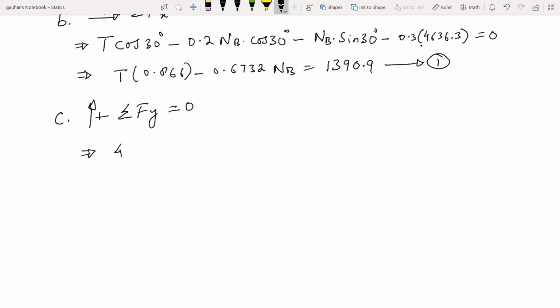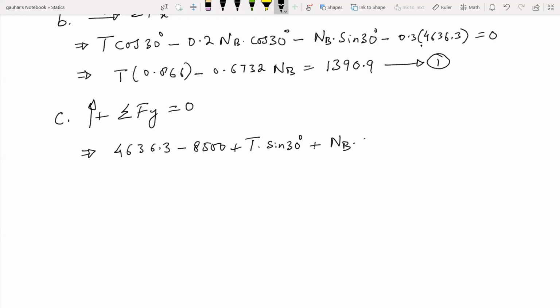So we have 4,636.3, right? Then we have the weight, 8,500 pounds. Then we have the y component of the tension in the cable, so T times sine of 30. Then we have the y component of N sub B, so NB times cosine of 30 degrees.